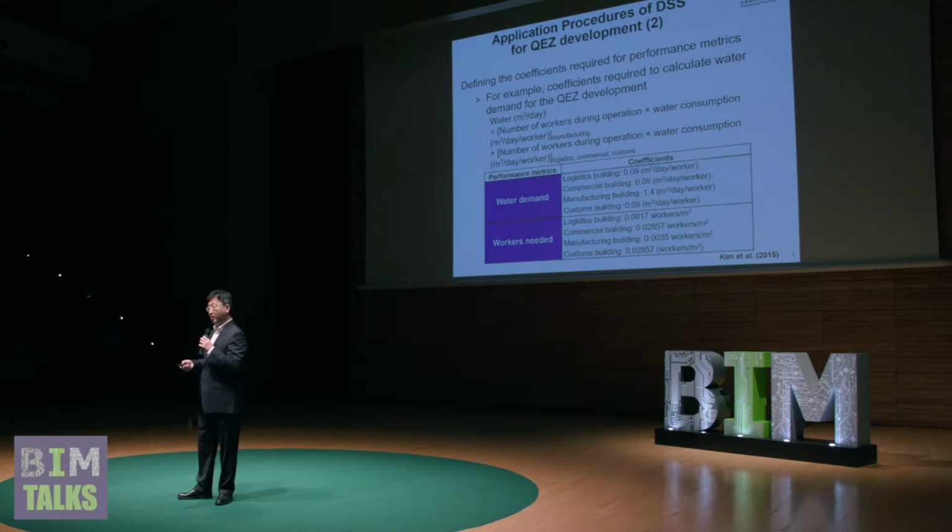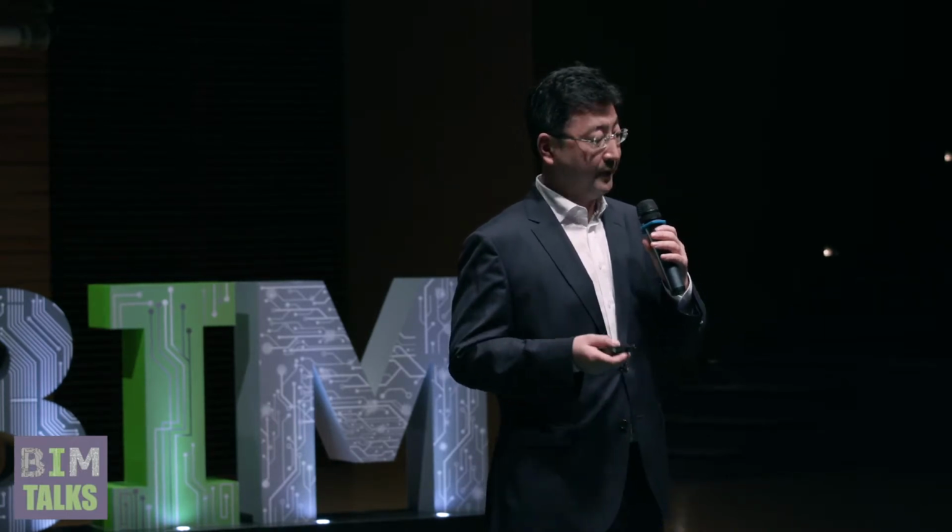And also for workers needed, I needed to figure out the coefficient for the different land uses. Based on that, as you can see, this is the application result of DSS for the QEG development project.